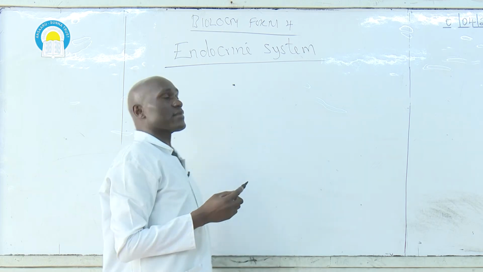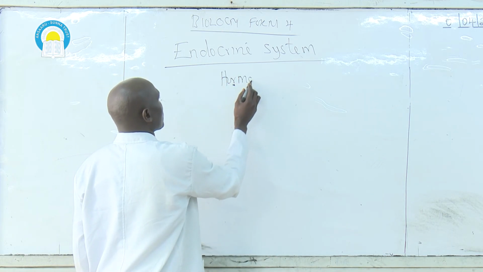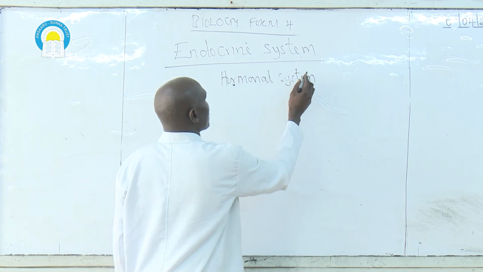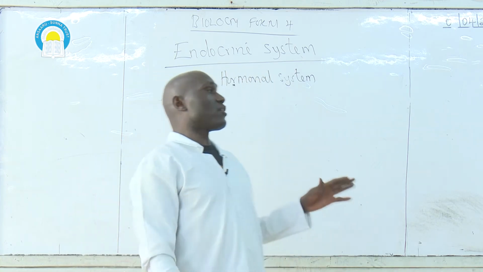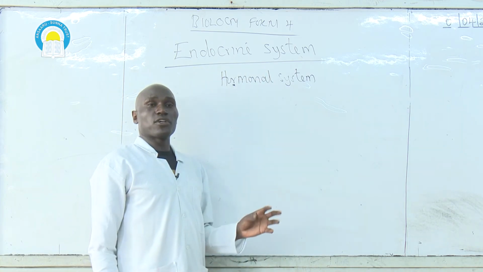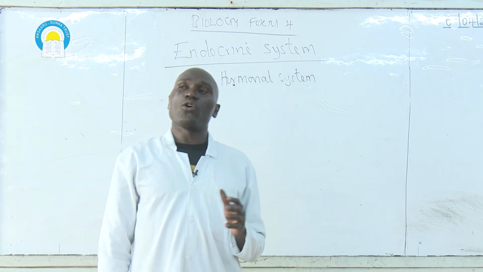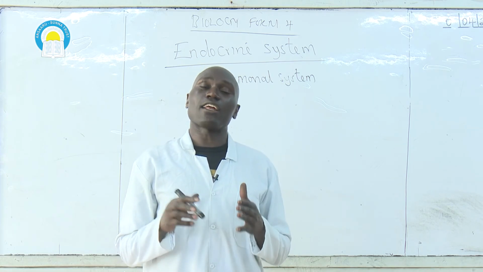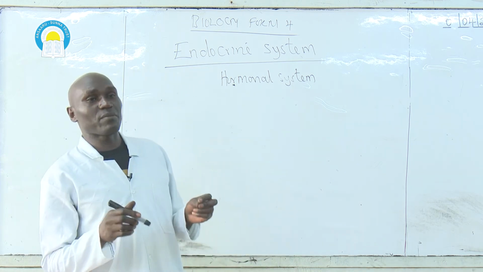Endocrine system is also known as hormonal system of communication. It's referred to as hormonal system of communication because here hormones are the chemical transmitter substances. In nervous communication, we've seen that acetylcholine is the neurotransmitter chemical substance.